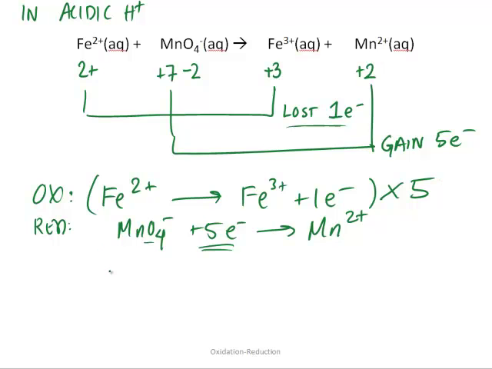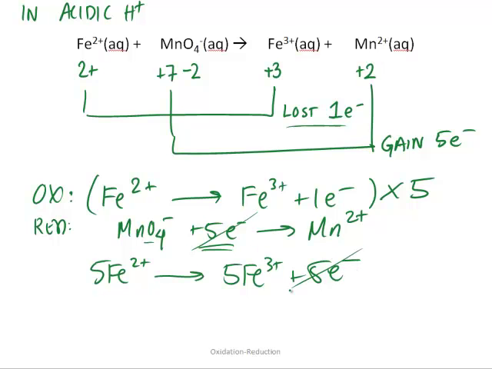Okay, so what is that going to do? That's going to give me 5 iron 2 pluses goes to 5 iron 3 pluses plus 5 electrons. Okay, and we can see that 5 electrons are on both sides, so those sort of cancel out, and that's why we don't write them in the overall chemical reaction.